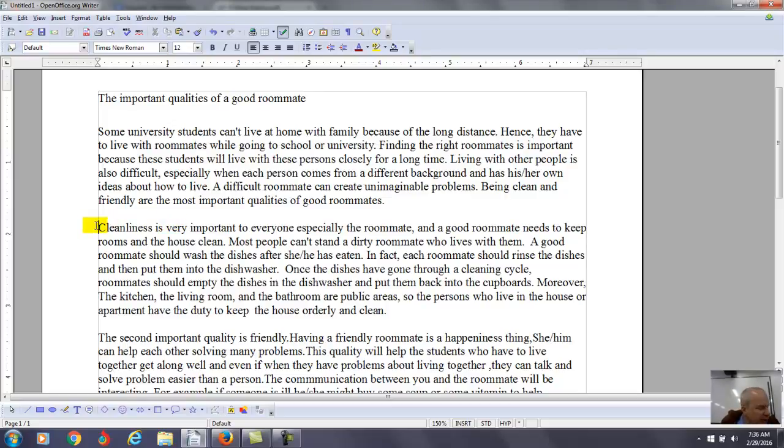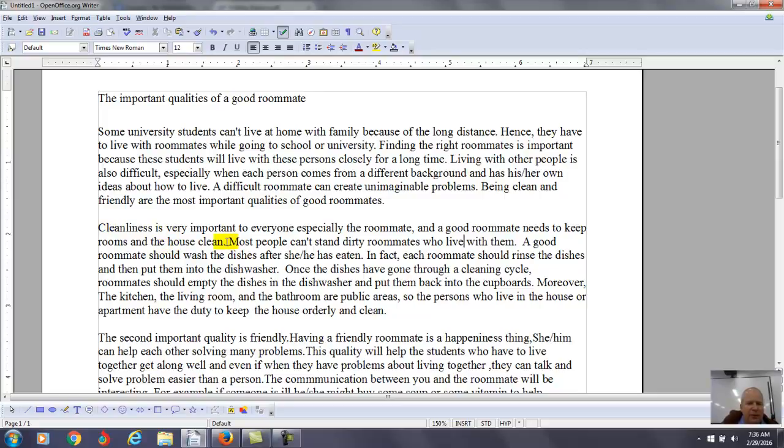Cleanliness is very important to everyone, especially with a roommate, and a good roommate needs to keep rooms and the house clean. Most people can't stand a dirty roommate. I'm going to change these to all plural. Dirty roommates who live with them. A good roommate should wash the dishes after she or he has eaten.